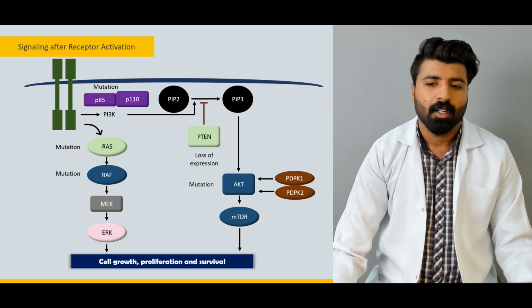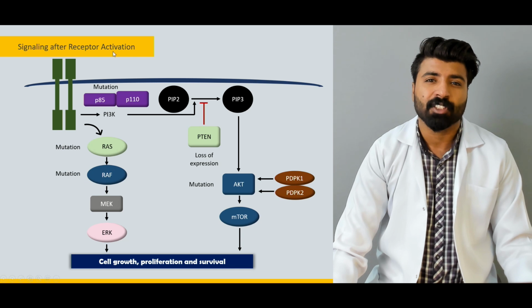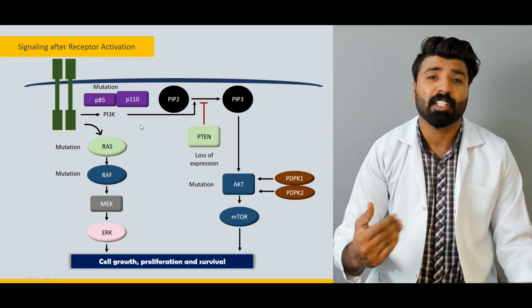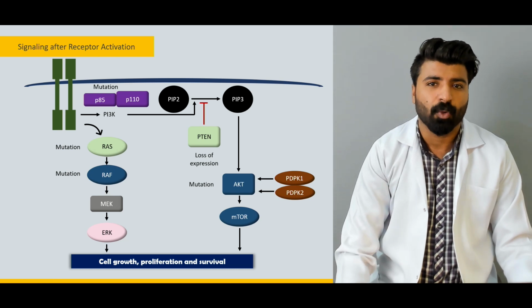Now it's gone. Now the production of triphosphate will be at the maximum level. That will lead to the production of protein kinases, and that in turn will lead to the devastating effect of proliferation and survival, because no structure in this whole receptor activation system is taking the responsibility of controlling the whole cell proliferation and growth.